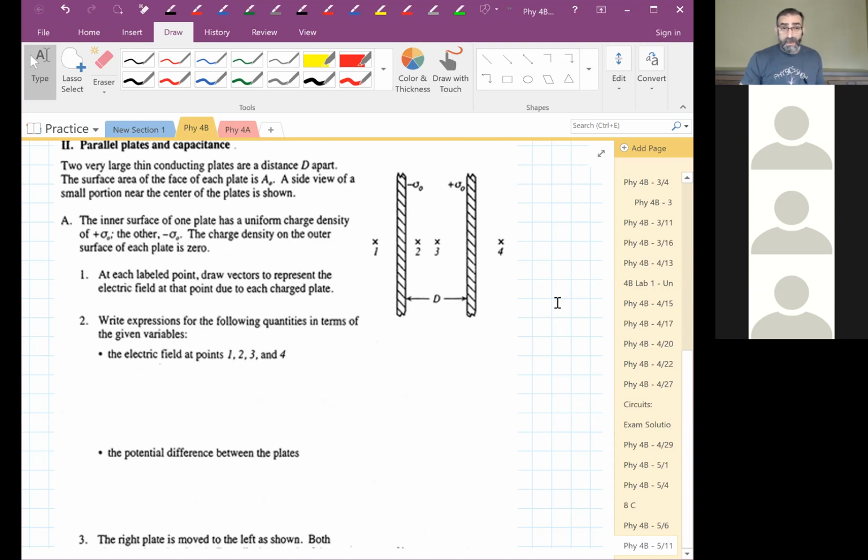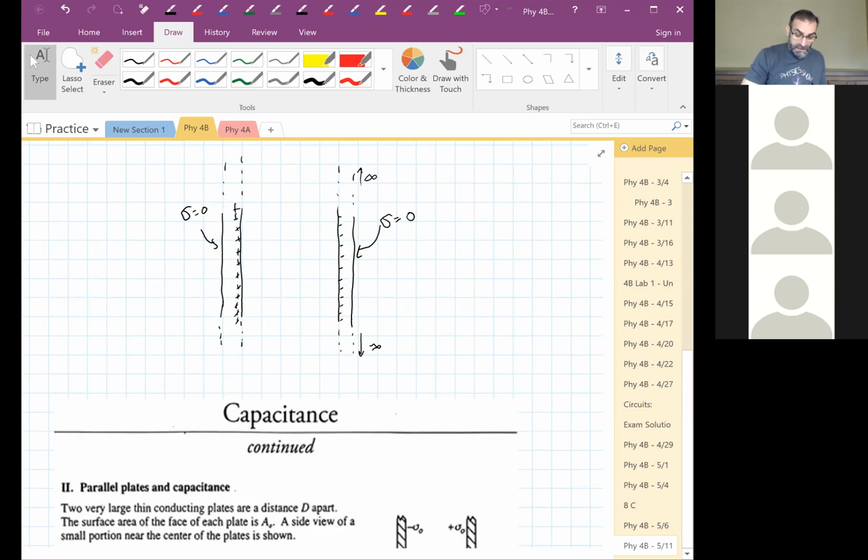So let's start with 1 and 4. What happens outside of these plates? The electric field is 0, that's right. If you go back to this drawing, sigma was 0 there, right? So that means that E is 0 outside. And what is it in between? It's nice and uniform, constant.